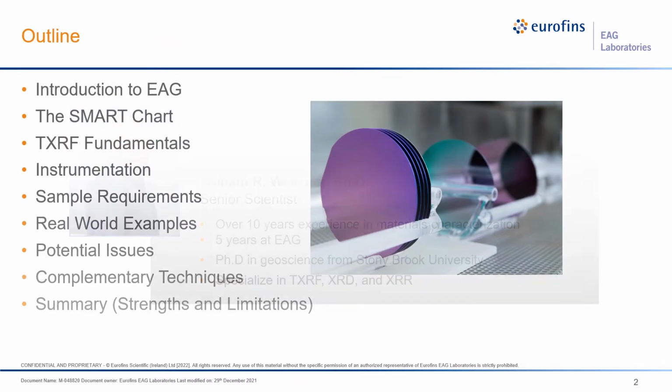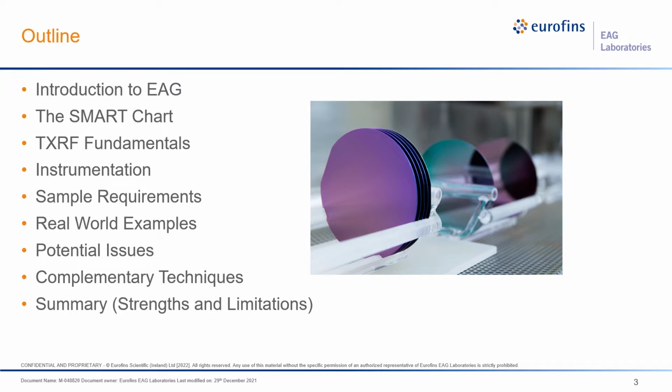So let's start with an outline of what I'm going to go over in today's webinar. I'm going to start with a quick introduction to EAG, then take us through the SMART chart, then give a little bit about TXRF fundamentals so we can understand exactly what's going on during a measurement. Then I'm going to go through our instrumentation and our sample requirements.